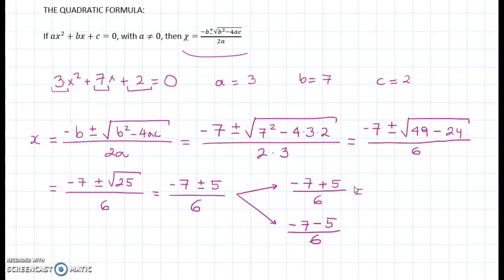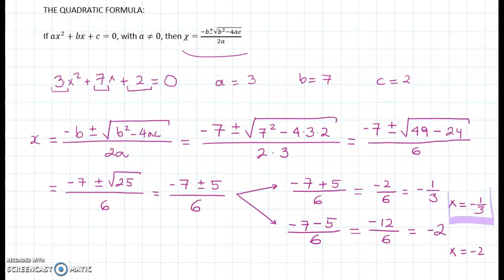In the first case, we have negative 7 plus 5, so that's negative 2 divided by 6, which gives us negative 1/3. In the other case, we have negative 7 minus 5, so that's negative 12 divided by 6, so that's negative 2. So we got two possible values for x, negative 1/3 and negative 2.